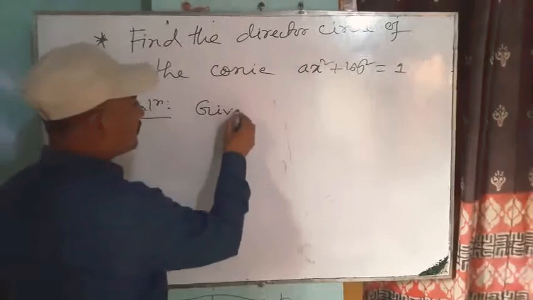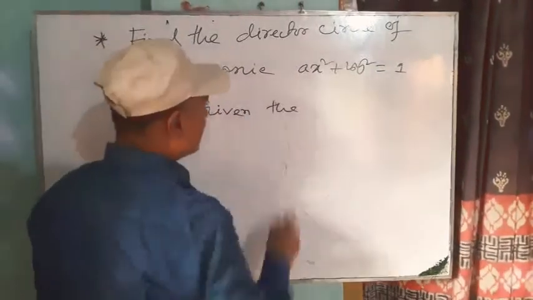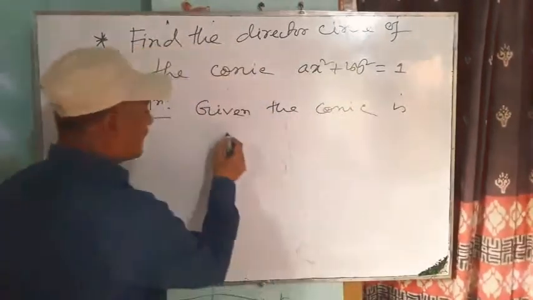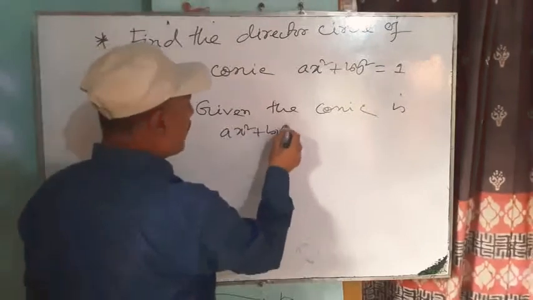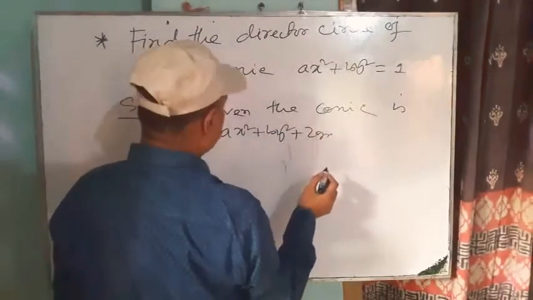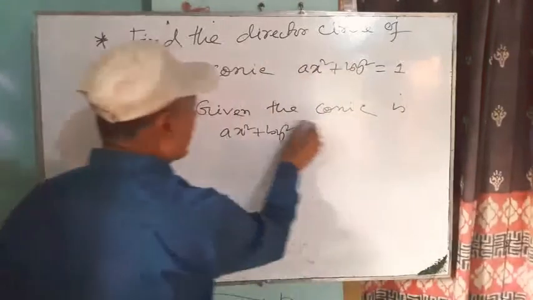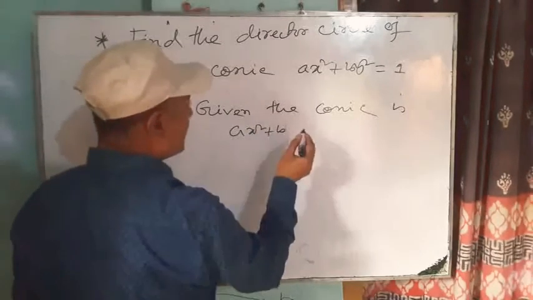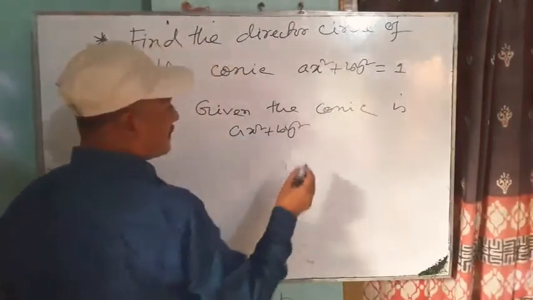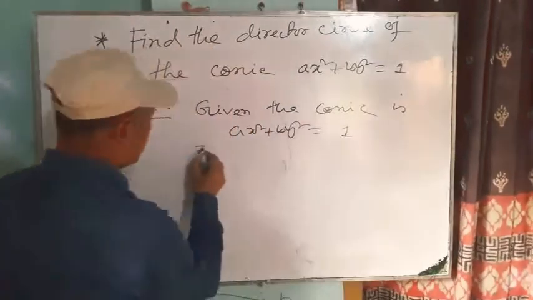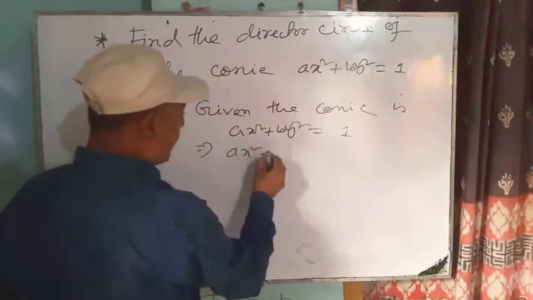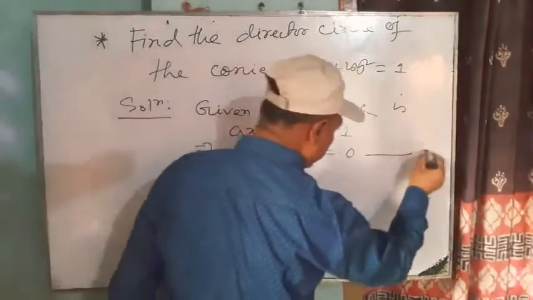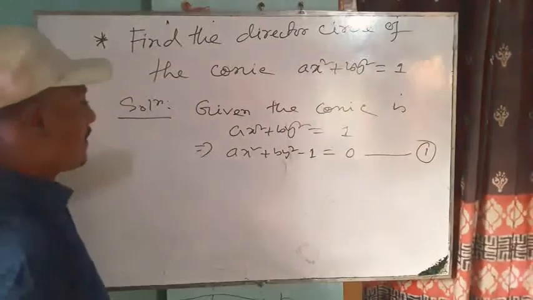Given the conic is ax square plus by square equal to 1, that is ax square plus by square minus 1 equal to 0.